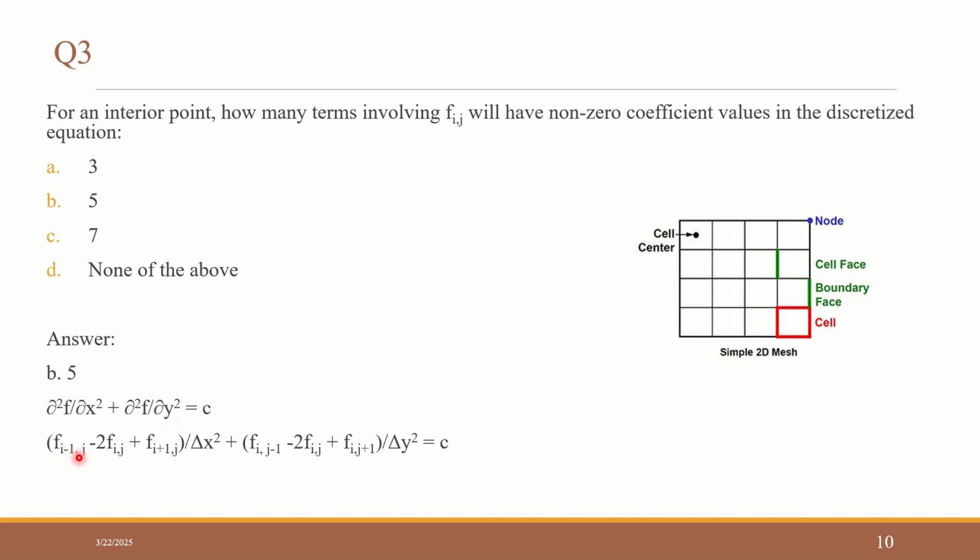Here we have i minus 1 and i plus 1 variation in the x domain, and here the variation in the y domain, equal to C, because the question says the source term is constant for this particular problem.